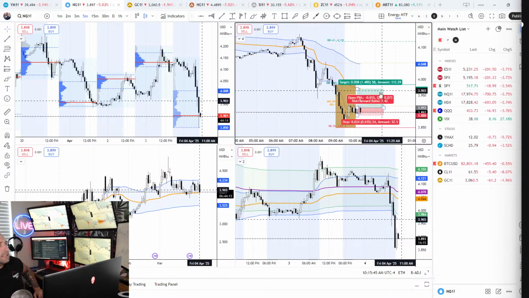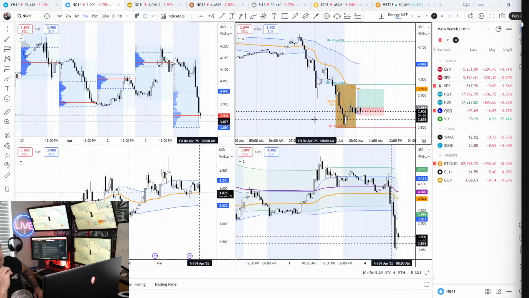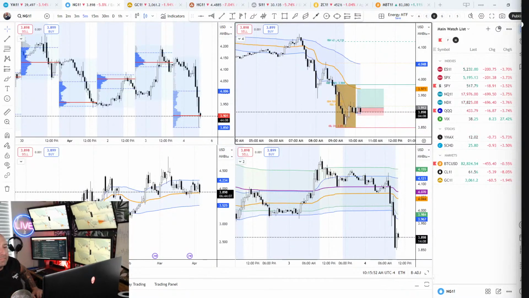Natural gas, this one could fail. Take the stop loss on this one. Still in it.